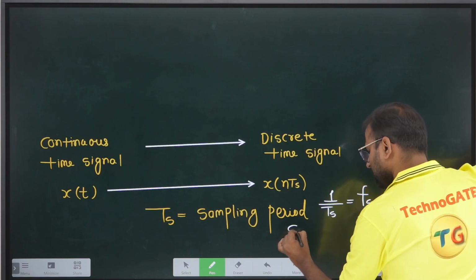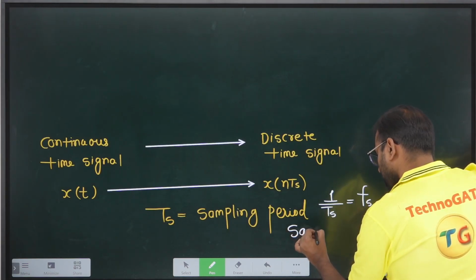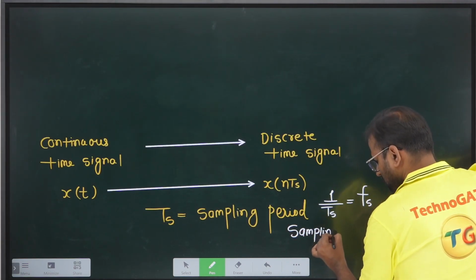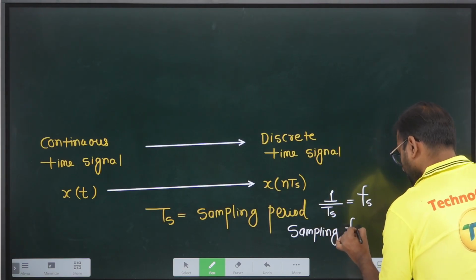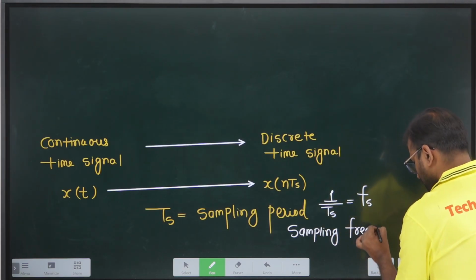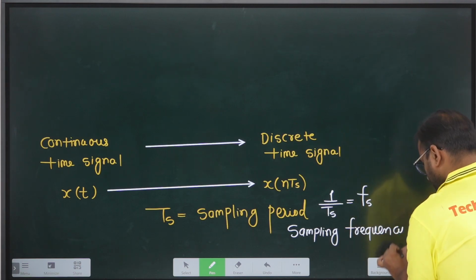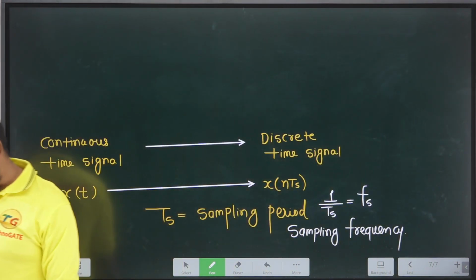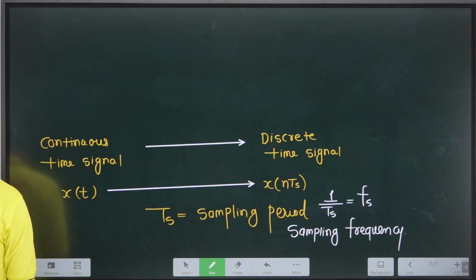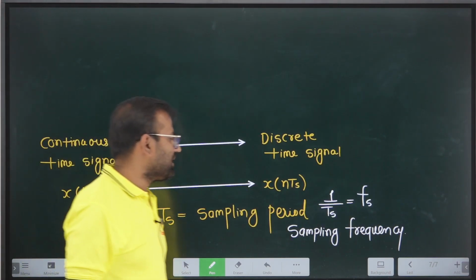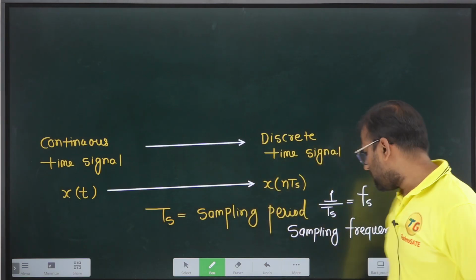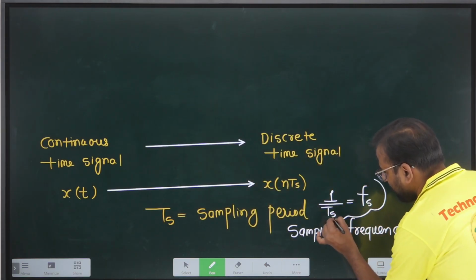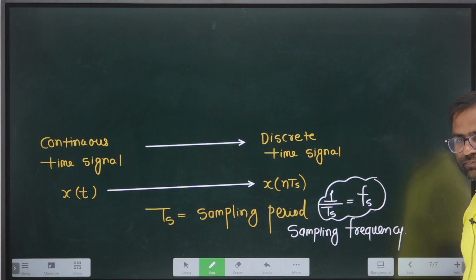So we have the sampling period and the sampling frequency. These are two important things here. There is a criterion for the sampling frequency. Keep this in mind.